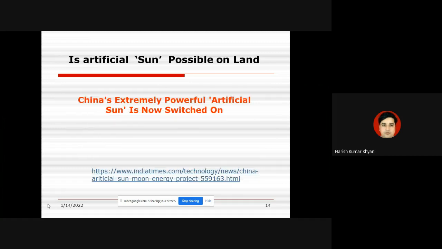So yes, China's extremely powerful artificial sun is now switched on. Recently, on 4th of January, this news was published in indiatimes.com, and you can see the link is available here. So now let us see what China has done, right?